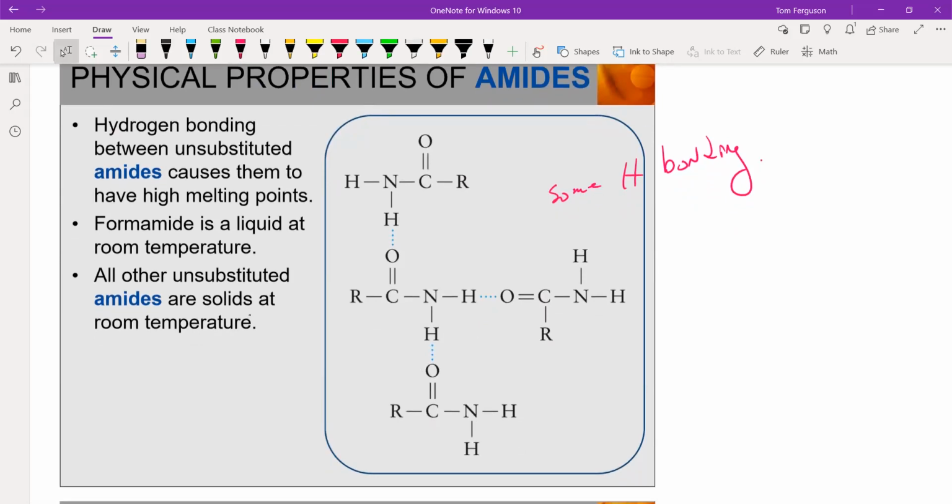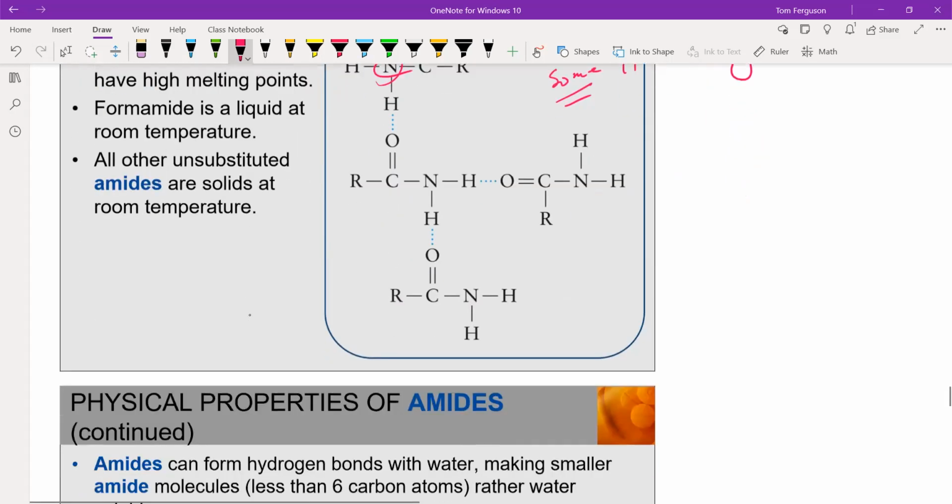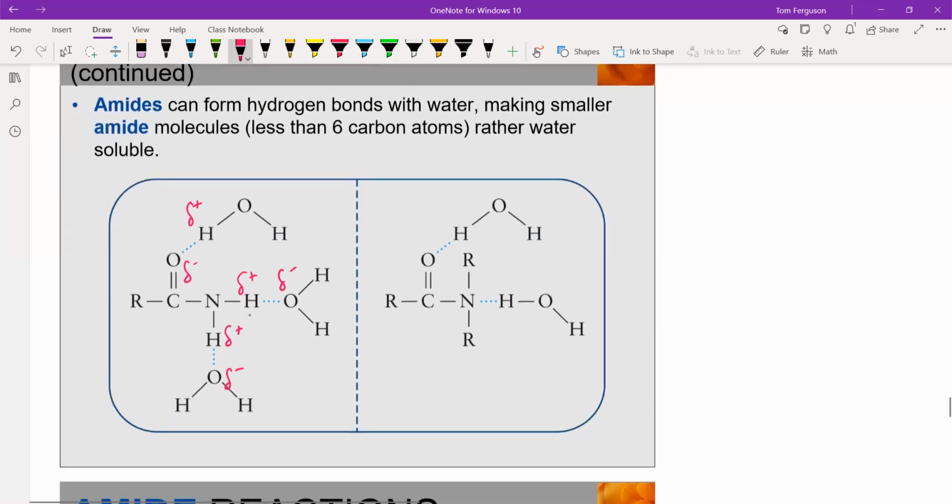Okay, so with the nitrogen, there is some hydrogen bonding. Not as much as with oxygen, because it only has 1 unbonded pair, where oxygen has 2 unbonded pairs. So it does do hydrogen bonding, hence its boiling point, melting point, and surface tension are greater, but not as high as the acids.